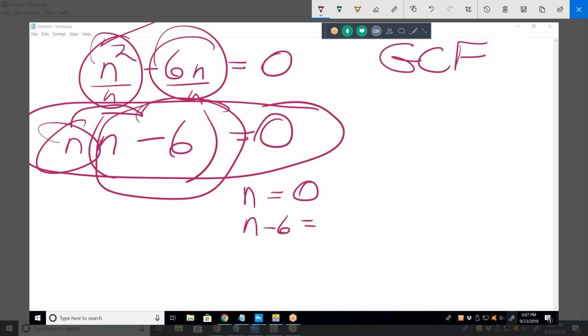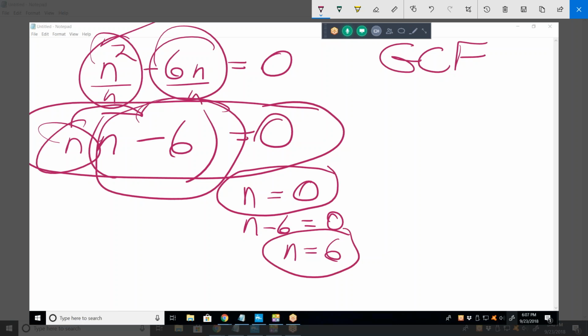One of them has to be 0. Well, n has to be 0 or what? N minus 6 has to be 0. One of those two has to be 0. Well, if n minus 6 is equal to 0, then n equals 6. So I've got two possible solutions, that one or that one.